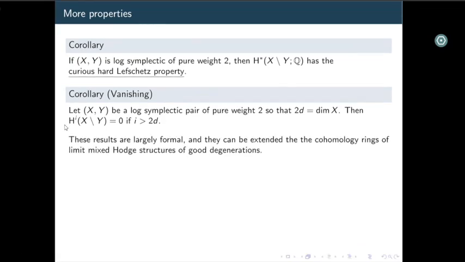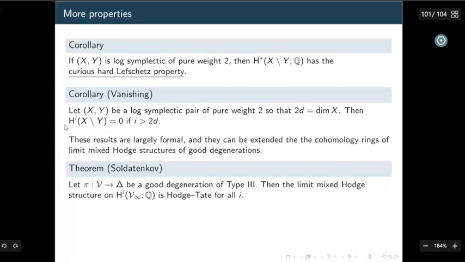Okay, so these are the main properties of the cohomology of log symplectic pairs of pure weight 2. A lot of the structural results that I've talked about here have analogs for the cohomology of good degenerations as well. As an example of this, you can recover this theorem of Soldatenkov, which says that if you have a good degeneration of type 3, then the corresponding limit mixed Hodge structure is Hodge-Tate.